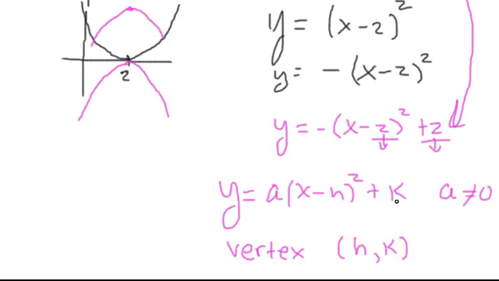So it's whatever these numbers are right here. So keep in mind this must be a minus. Now if this were a plus right here, this would end up being a minus h. So you need to keep that in mind.